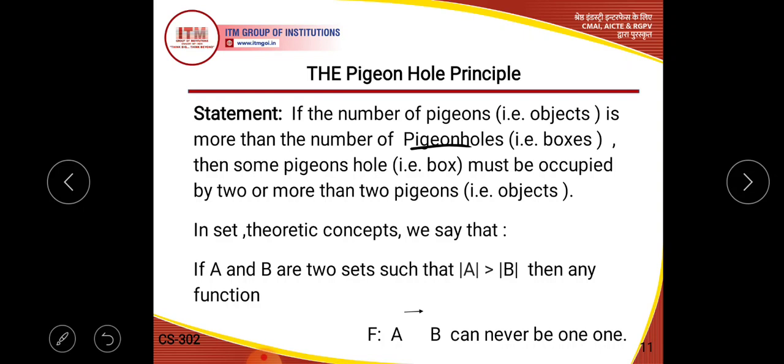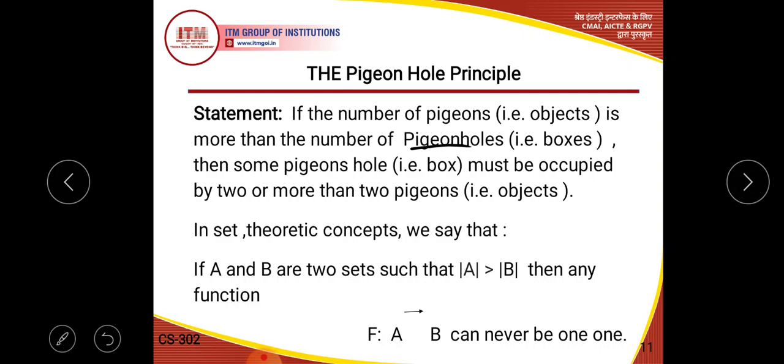If we relate this principle to set theory, in sets, if A and B are two non-empty sets such that the cardinality of A is greater than the cardinality of B, the cardinality meaning the number of elements present in the set, then a function f from A to B can never be one-one.